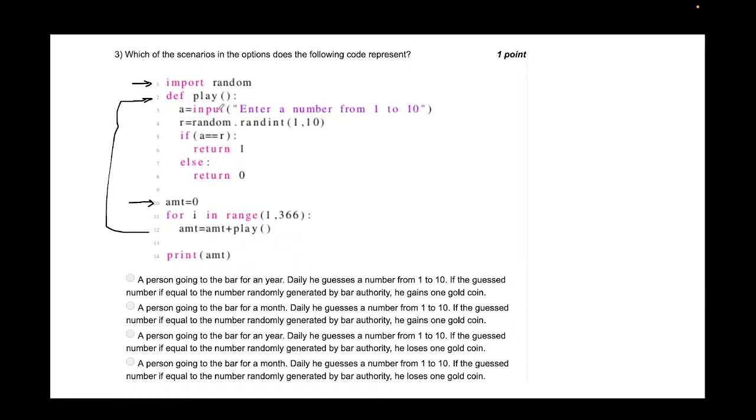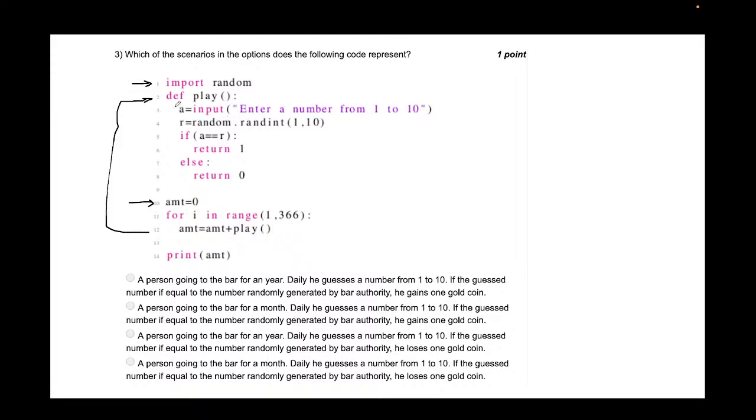Based on our guess and the randomly generated number by the computer, if both are equal, we'll return 1, else we'll return 0. So this seems like a guessing game.